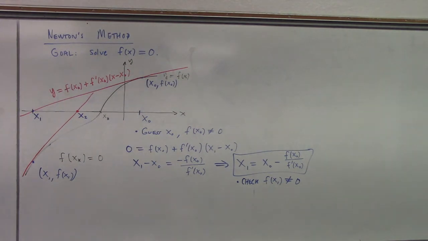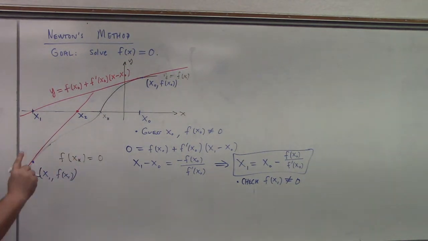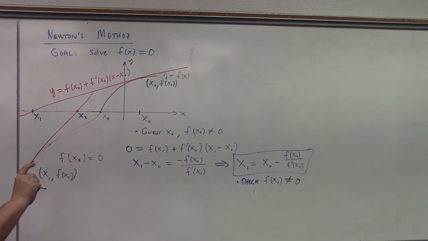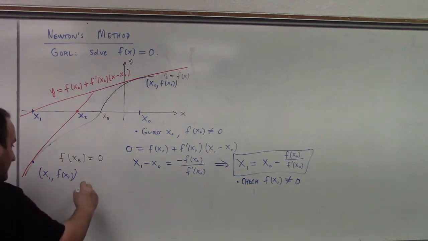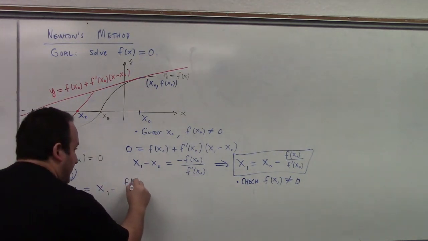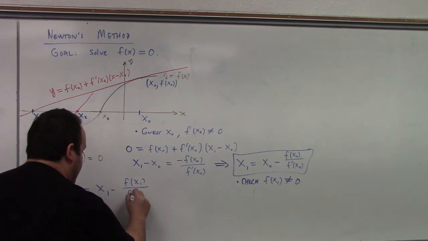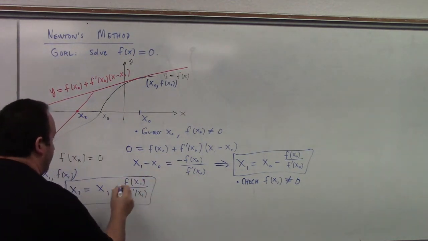What's the formula for x2? By the same math, with x1 playing the role x0 did and x2 playing the role x1 did, the same mathematics gives us that x2 is equal to x1 minus f of x1 over f prime of x1. That's x2, right?